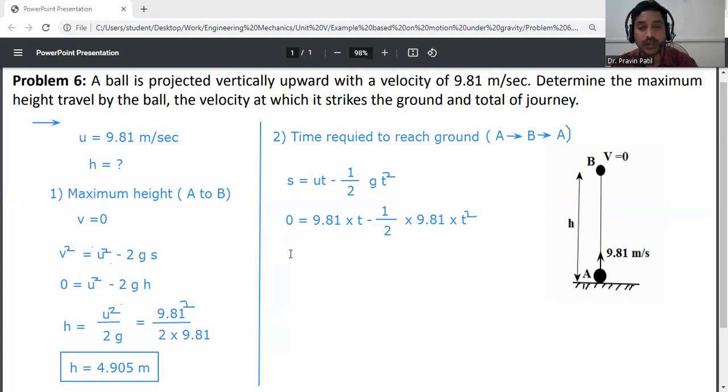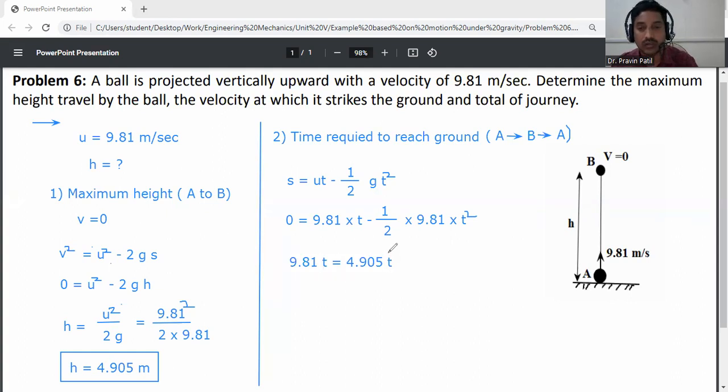So 9.81 t is equal to one half into 9.81, which is 4.905, times t square.